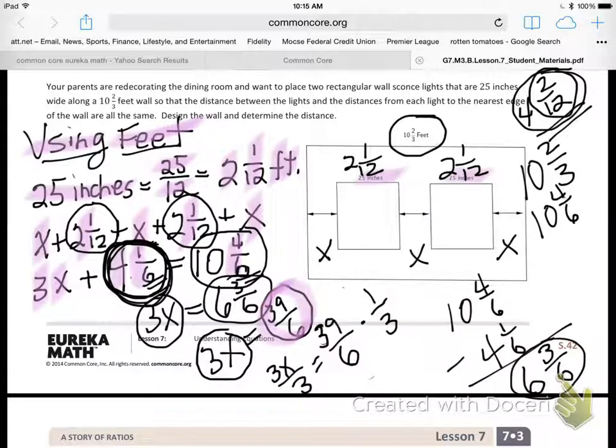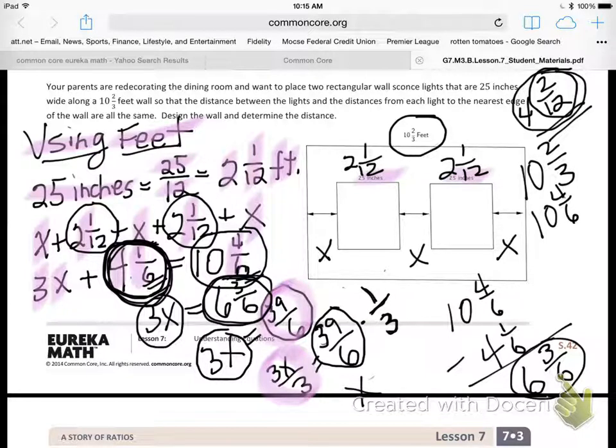So I divide 3x by 3, which is easy to do, and that gives me x. Now I multiply my 39/6, which is my 6 and 3/6 as an improper fraction, by the reciprocal of 3, which is 1/3. Same process.